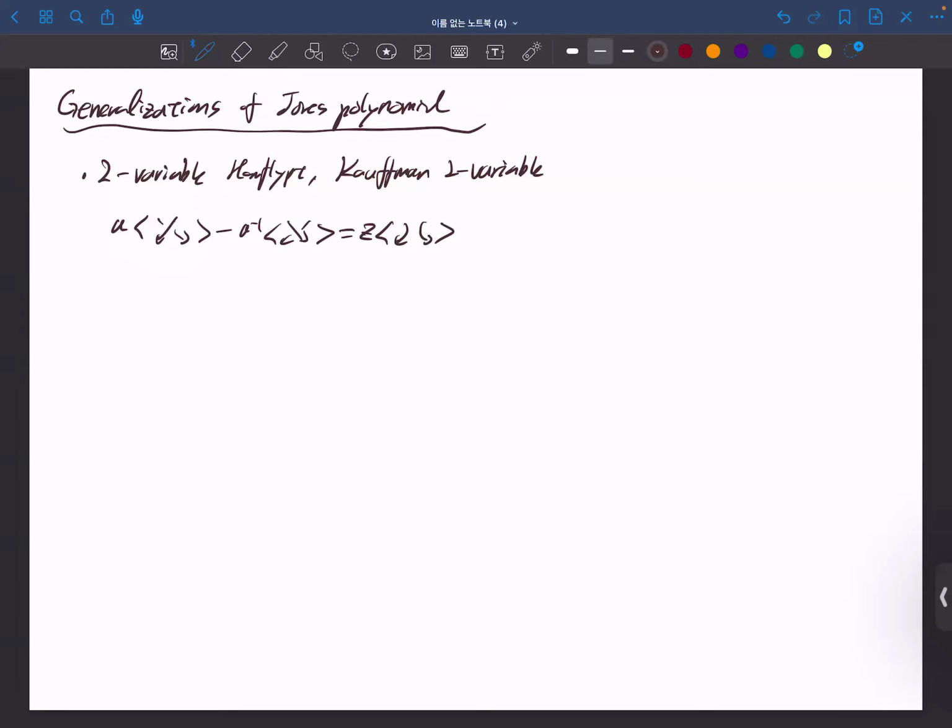They define the polynomial by using such an equality, and the Kauffman two-variable polynomial is related like this.